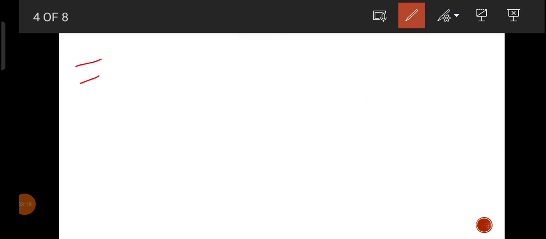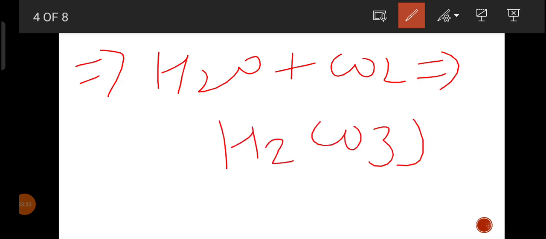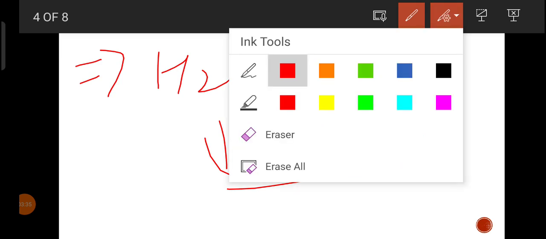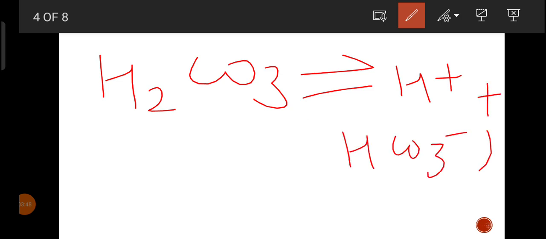Now let's see the transport of CO2 in the form of bicarbonate ion. The first thing is that H2O, when it reacts with CO2, forms H2CO3, that is carbonic acid. This carbonic acid breaks down reversibly into H plus and HCO3 minus.